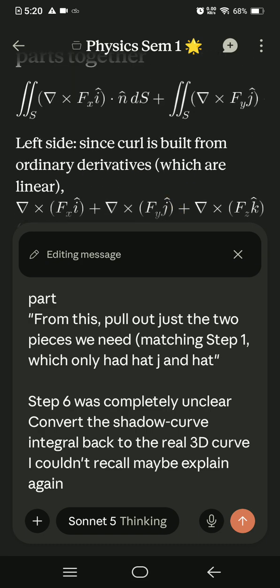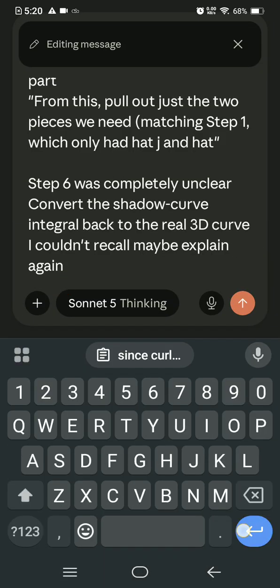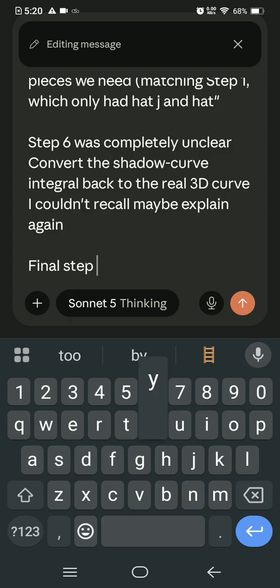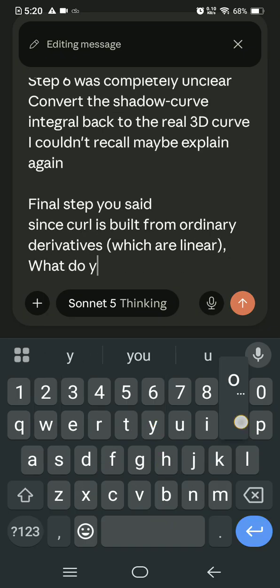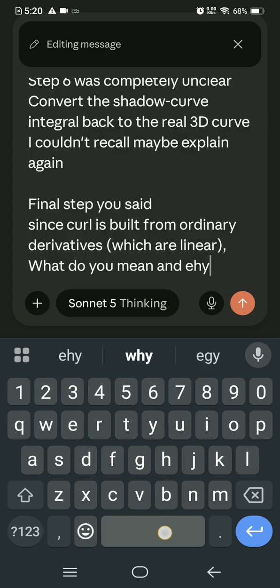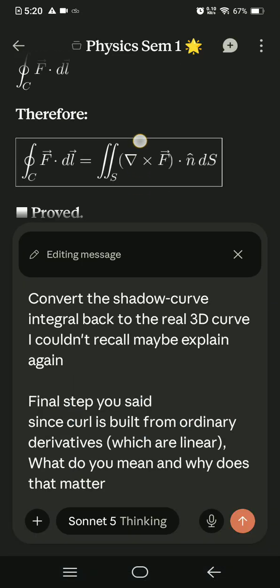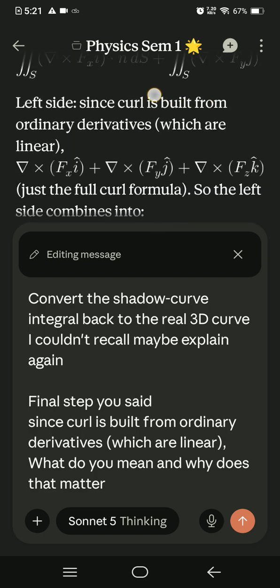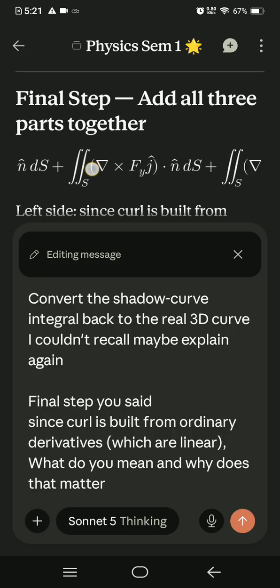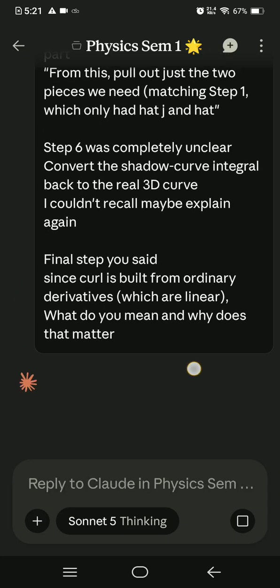Ordinary derivatives. And the right hand side I guess was easier.